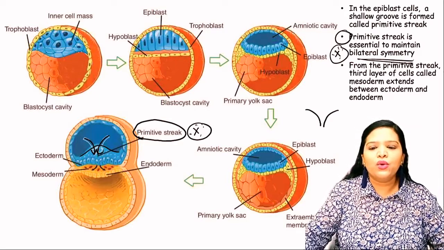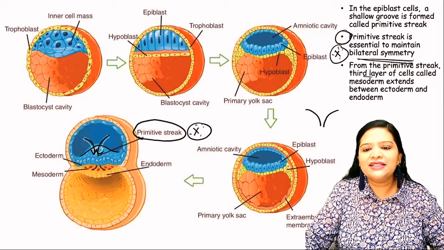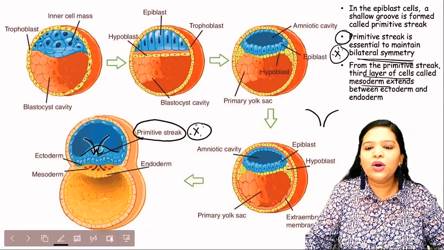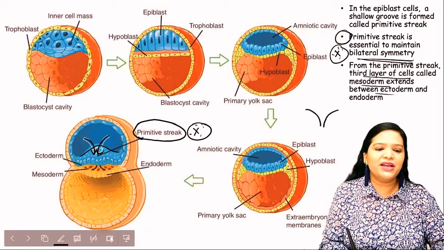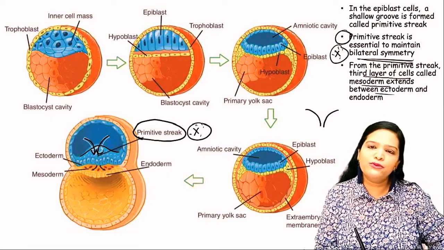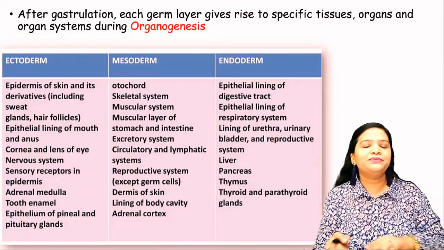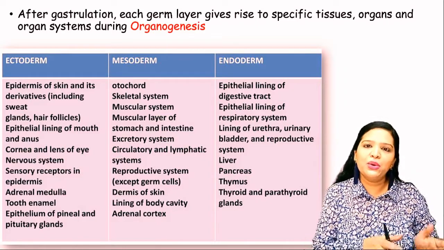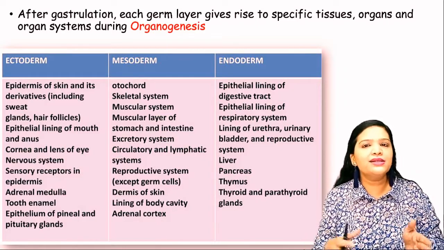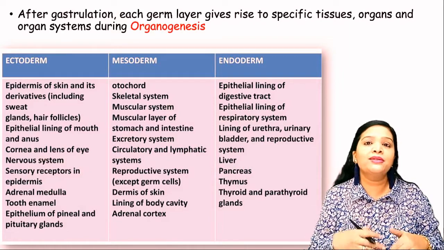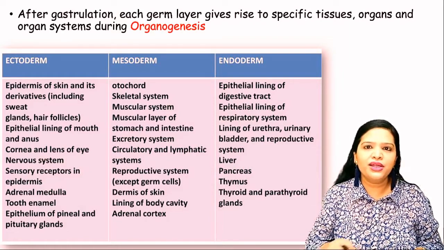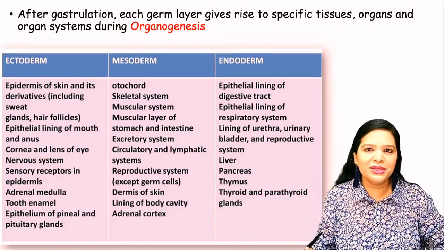From the primitive streak, the third layer of cells called mesoderm extends between the ectoderm and the endoderm. So mesoderm forms between the ectoderm and the endoderm. So far we have seen how the three germ layers are formed. That is gastrulation and the differentiation of the blastomeres.